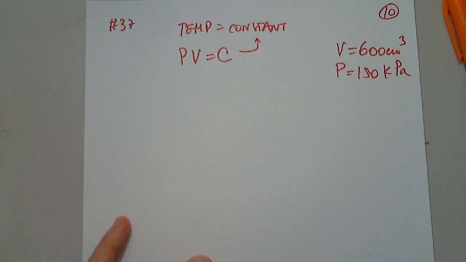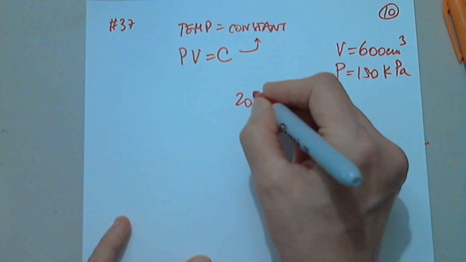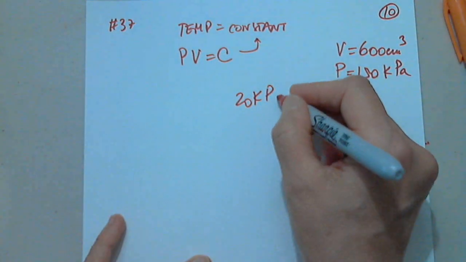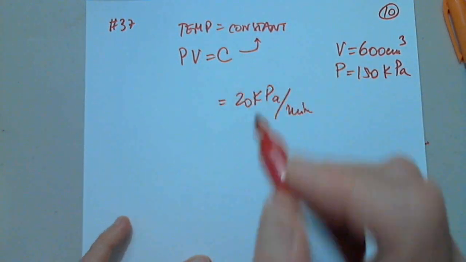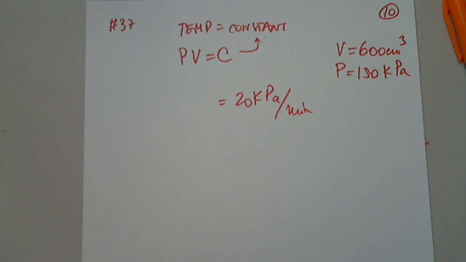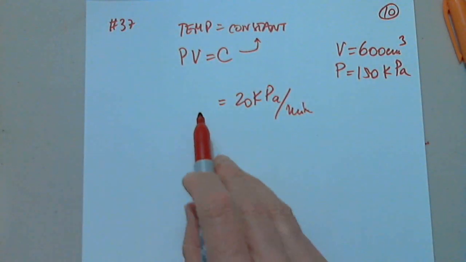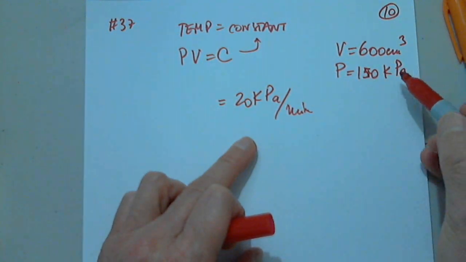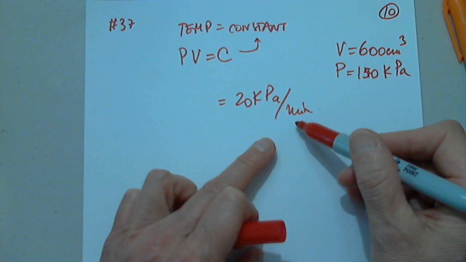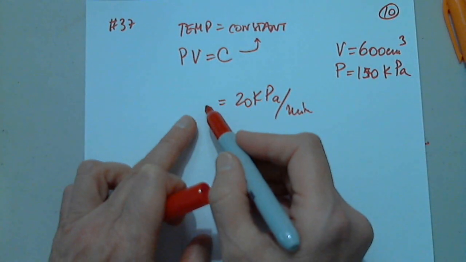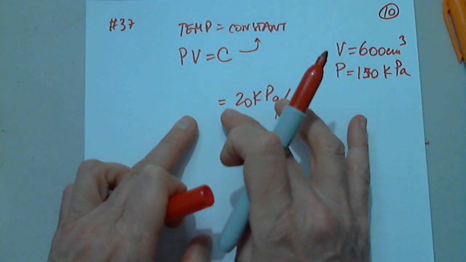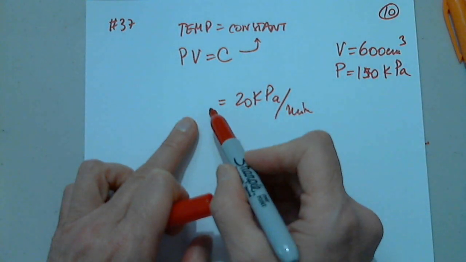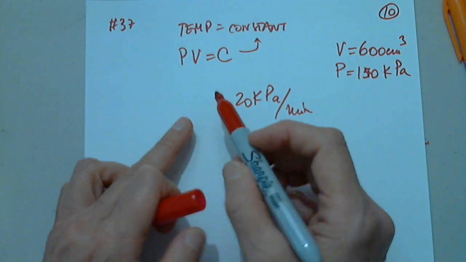And the pressure is increasing at a rate of 20 kilopascals per minute. So what does this represent first? And then we'll come back. At what rate is the volume decreasing at that instant? We'll continue reading. So not yet. First, we have to identify what this number is. 20 kilopascals per minute. What is this? Anyone?